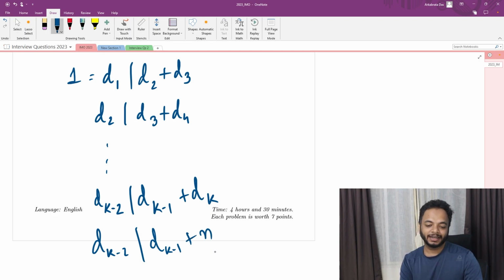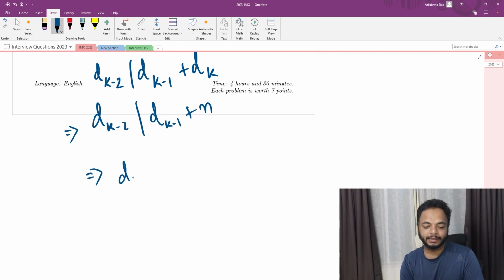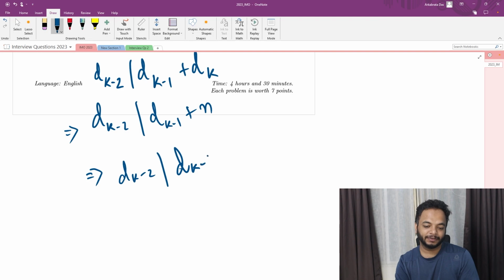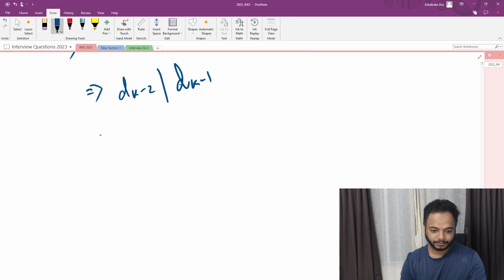Here we know that all are divisors of n. So d_(k-2) divides the sum as well as it divides n. Of course d_(k-2) divides n. So that implies d_(k-2) divides d_(k-1). Try to understand what we are getting.